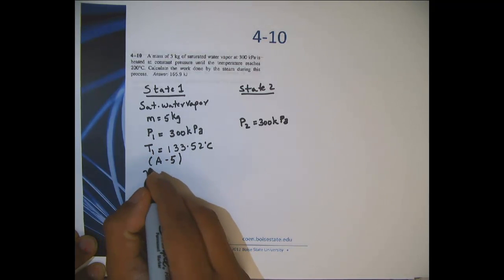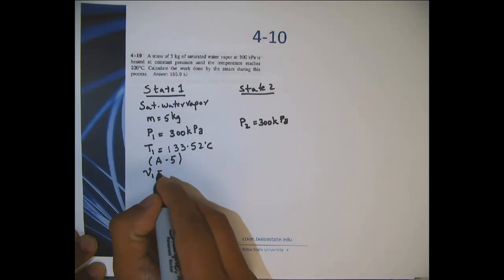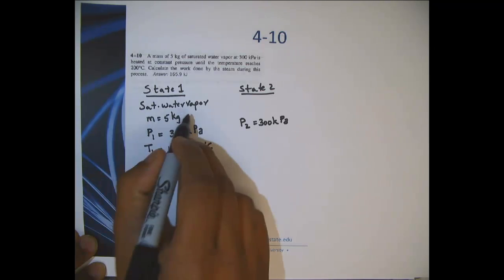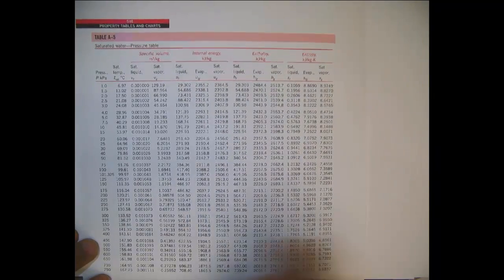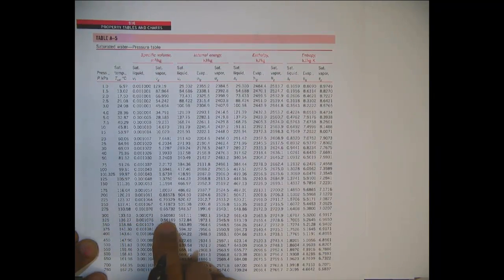Similarly, I can compute the specific volume at state 1, which is equal to Vg, since we are considering saturated water vapor. Going to table A5 and looking at the pressure, we determine that Vg is 0.60582 cubic meters per kg.